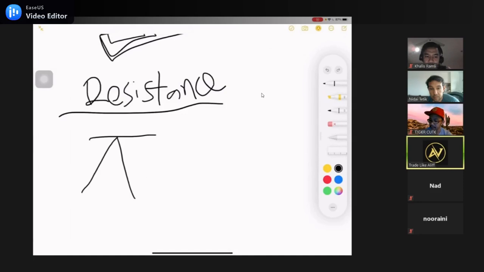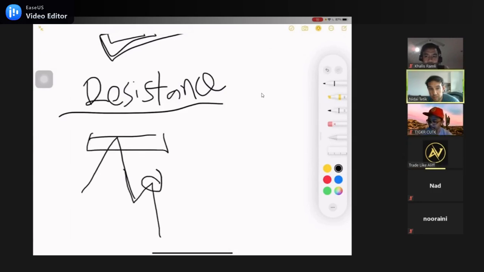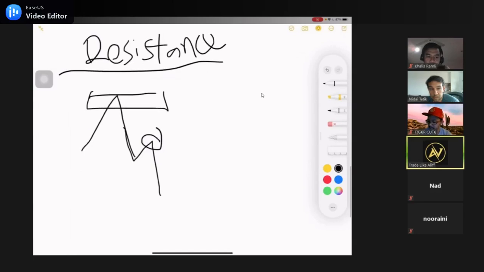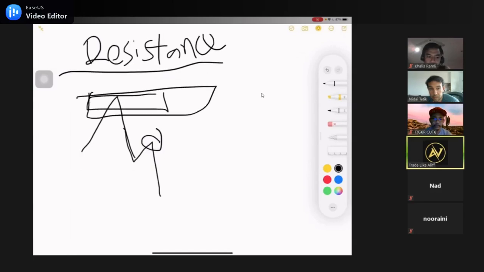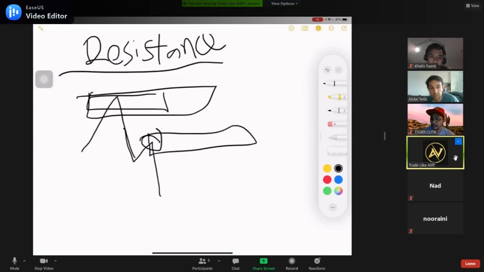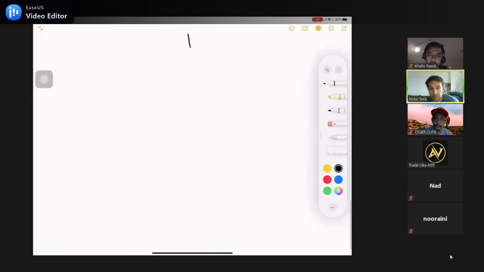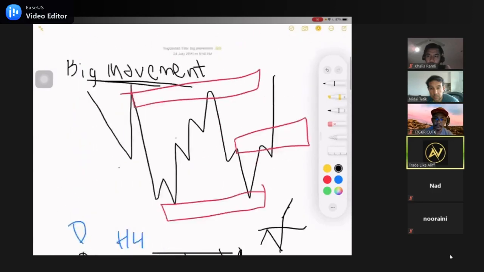As long as there is no second movement, you cannot mark this as a resistance. But if a second movement has been given by the market, then this is your resistance. So in order to call this a valid resistance, you must have a second movement. Okay, following? Good. Okay, so we go through the movement.